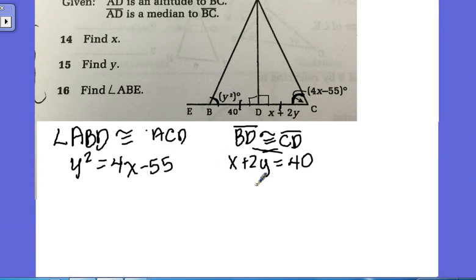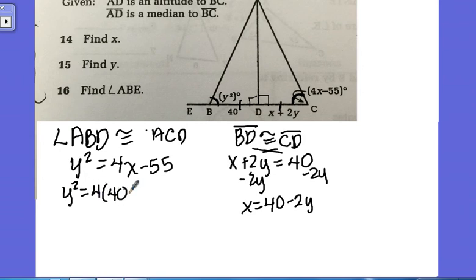I think an easy thing would be to take this 2y, move it over here, solve for x, and then substitute. So if we move the 2y over, we get x is equal to 40 minus 2y. And we can substitute that in right here, and we can solve this quadratic. So 40 minus 2y.